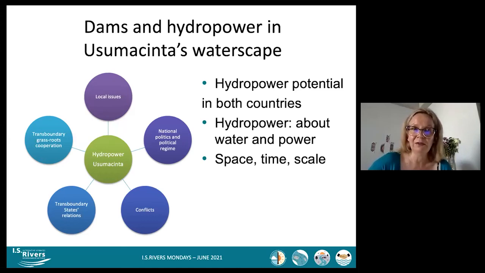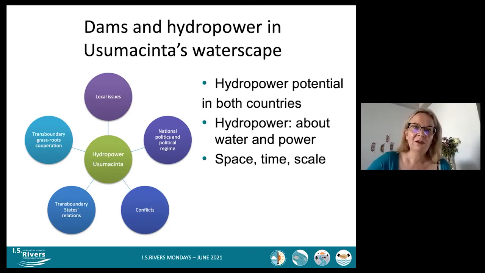And we were in a moment of a military dictatorship at the time, and you can see the relationship between the installation of the dam and the political power in place, and also the national situation. So dams and hydropower are a source of conflict.